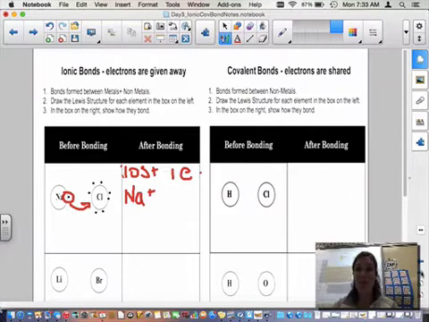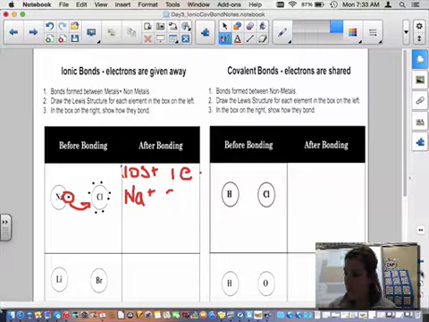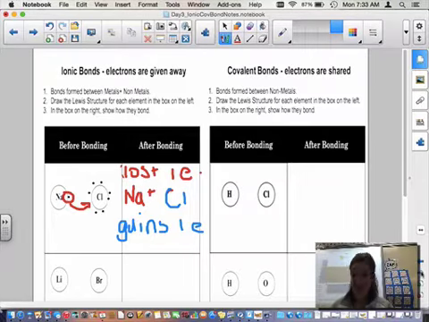However, if it loses a negative charge, now it has 1 more proton than it does electrons, so it has that positive charge. Chlorine is gaining 1 electron, and because it's gaining 1 electron, it now has a negative charge.